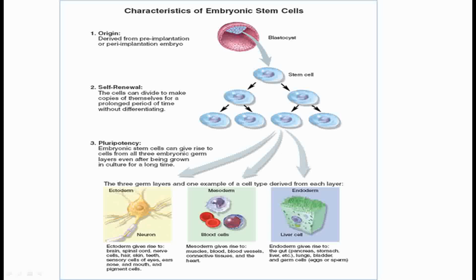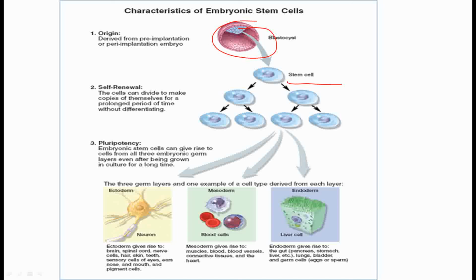So here some characteristics of embryonic stem cells are shown in this particular diagram. You can see this is the blastocyst. This divides symmetrically and forms stem cells.